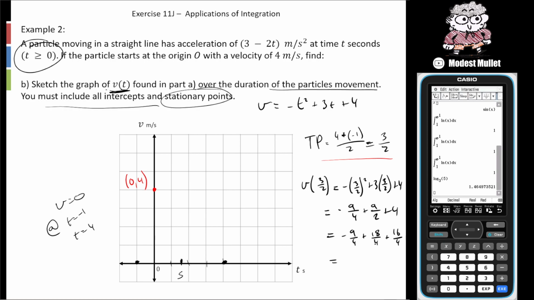Negative 9 plus 18 is positive 9, plus 16 is 25. So we get 25 on 4, which is 6 1/4.